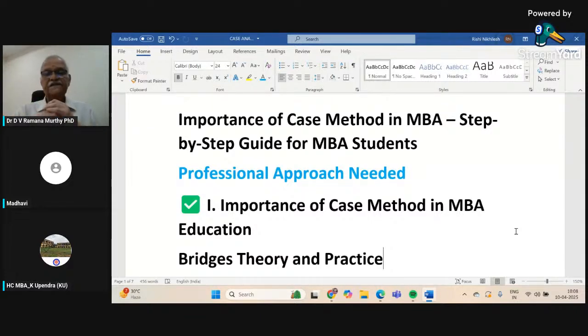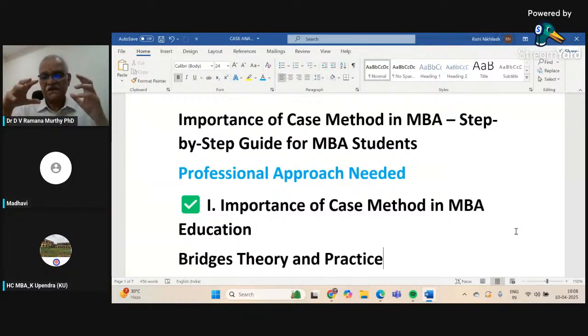The second one is that you're not supposed to stop at finding out the problem, but you are asked to present some important solutions, your suggestions as such. So your job becomes a little tougher when you give the solutions as well, and all the solutions must be weighed in terms of their practicality.